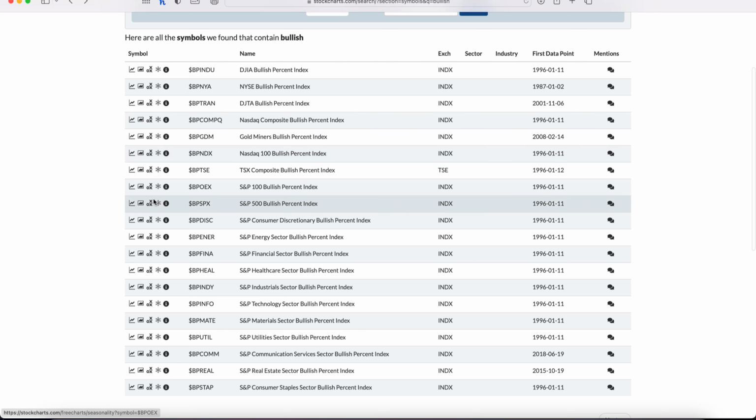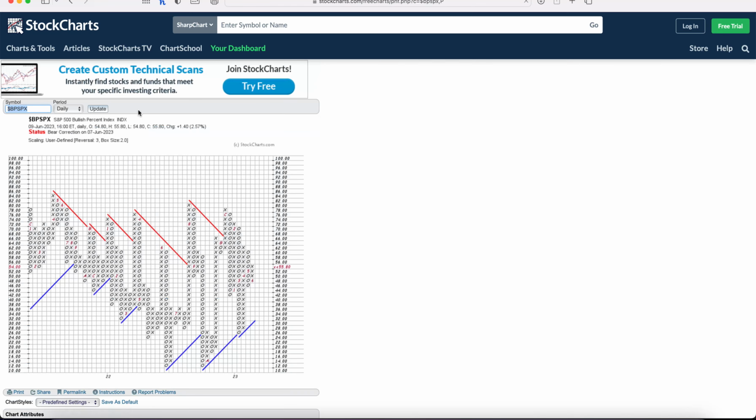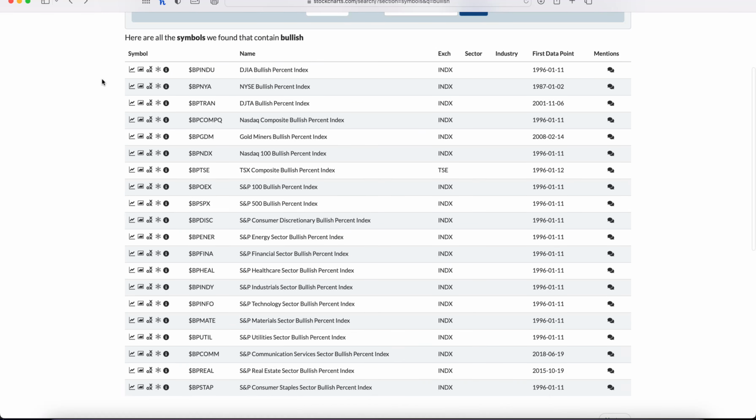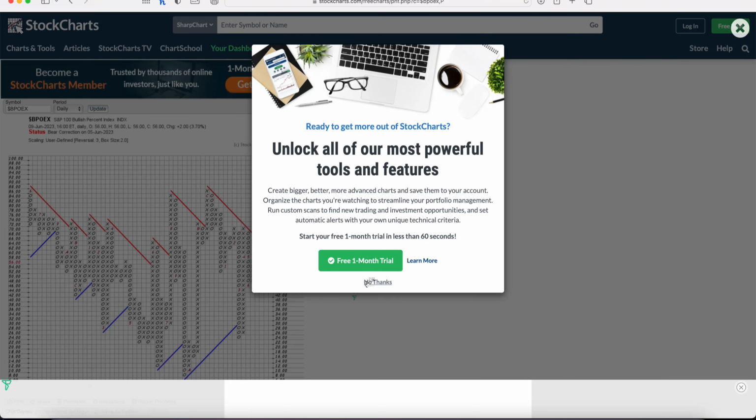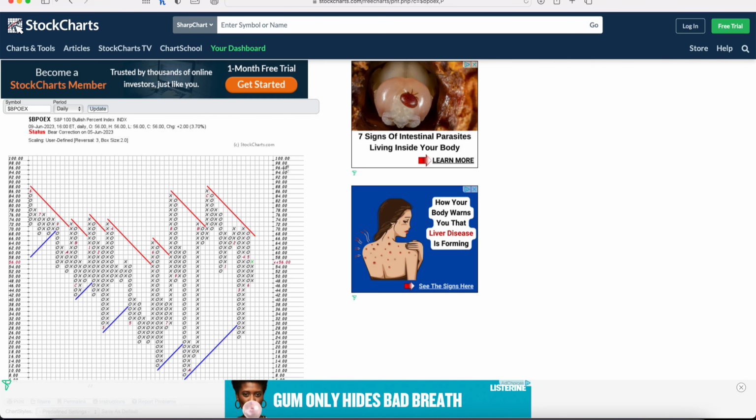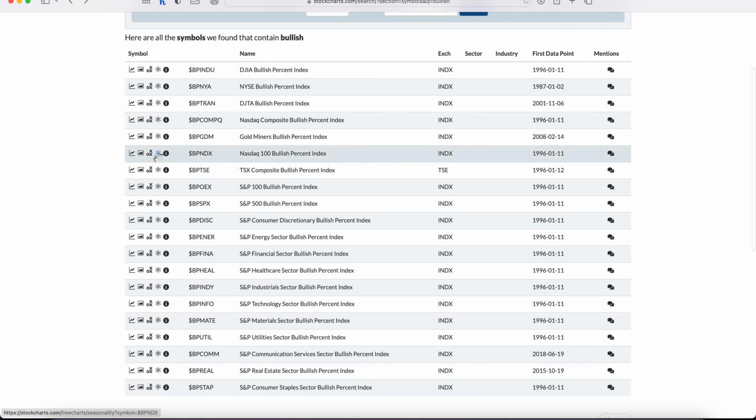The SPX up by 2.57%, so that's actually pretty bullish. The OEX, which is the S&P 100, tacked on a new X today, new green X, 3.7% up.